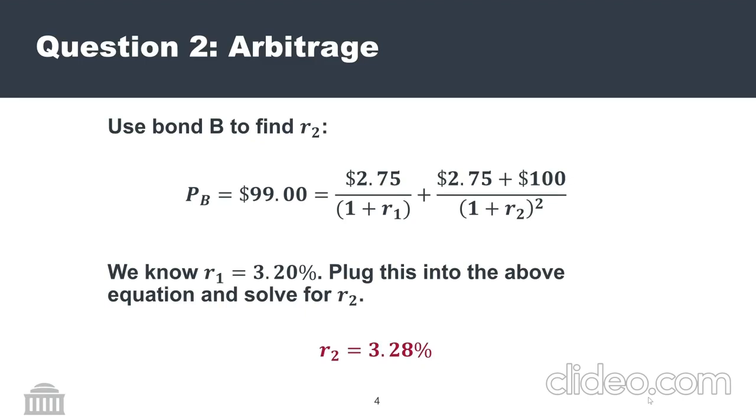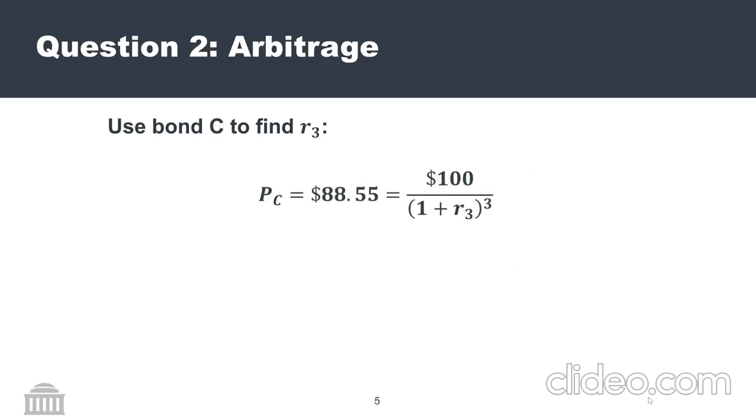Now, the final step is to take the price of bond C, which is a 3-year zero coupon bond, currently traded at $88.55. And based on this equation, we will find the year 3 spot rate, or R3. So the good news is that this equation is fairly simple in the sense that this is a zero coupon bond.